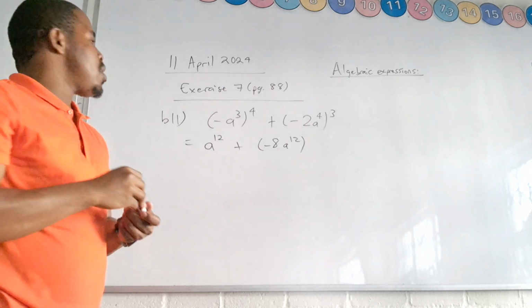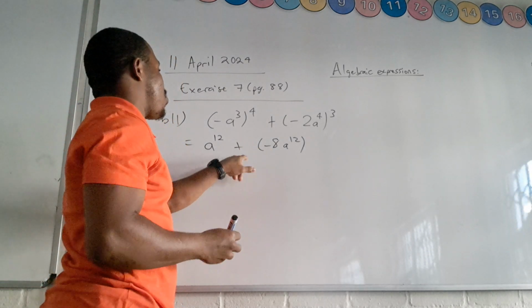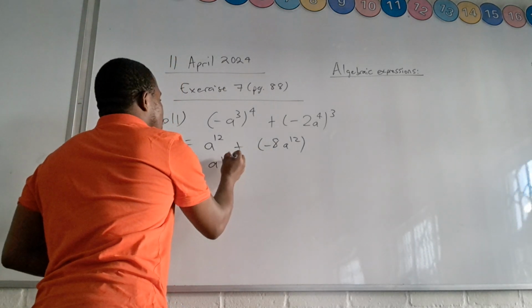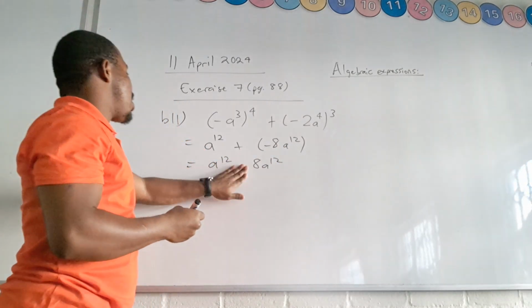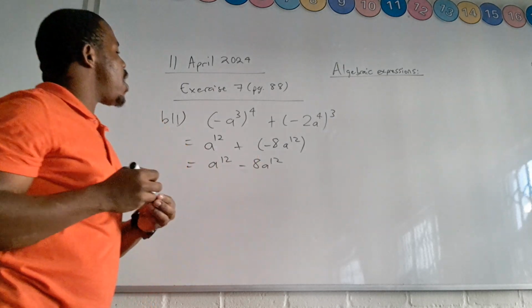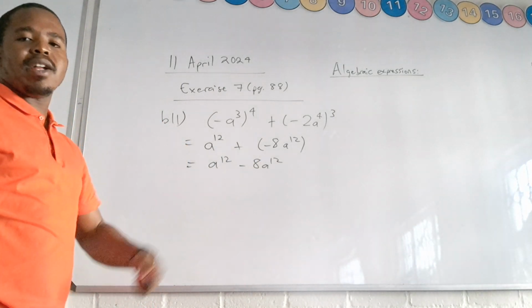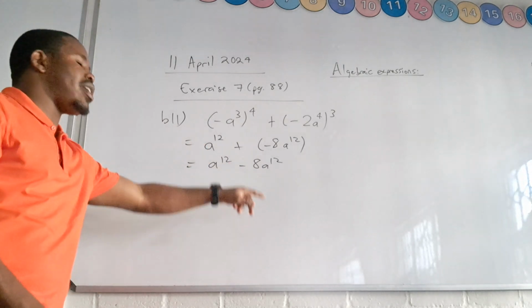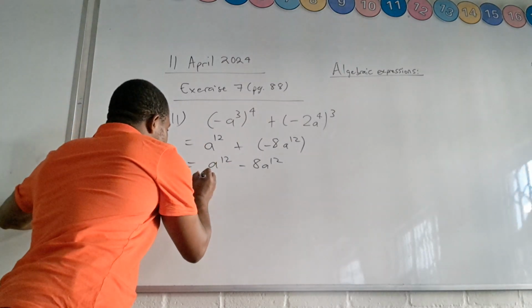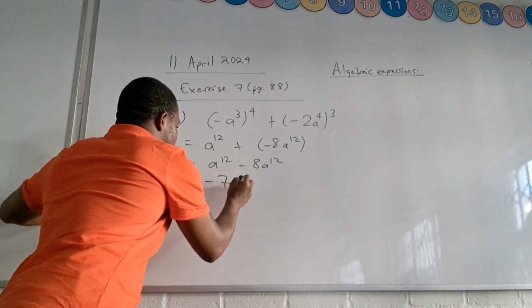This is plus times a minus; a positive times a negative is a negative. So now you have a to the power of 12 minus 8 a to the power of 12. So this is 1 minus 8, so it becomes what? Negative 7. Negative 7 a to the power of 12.